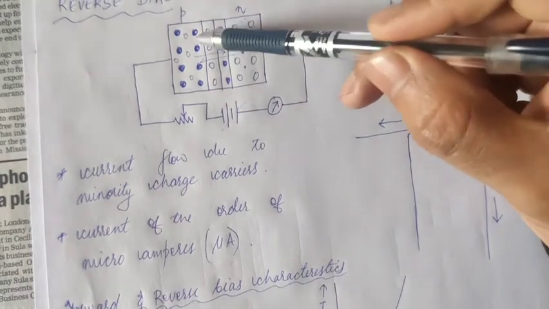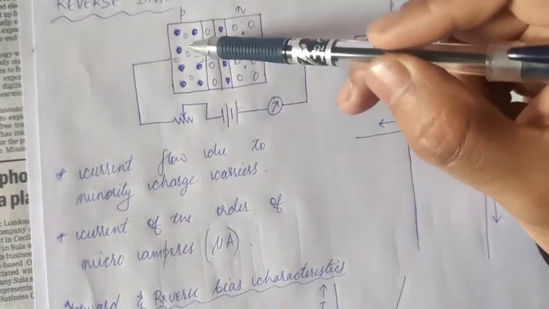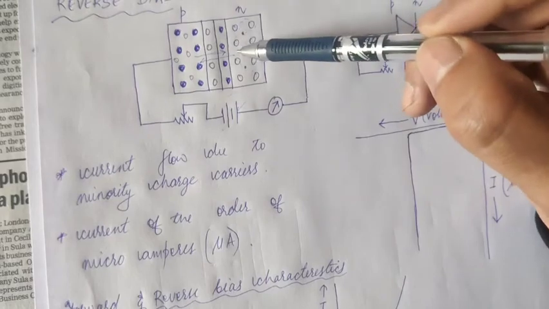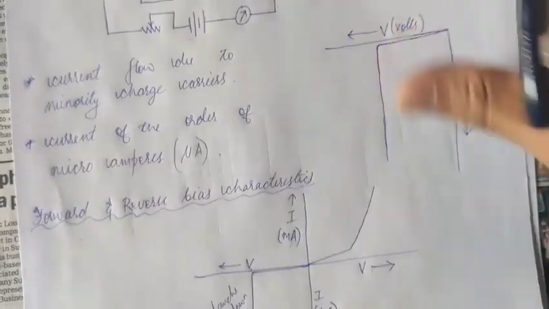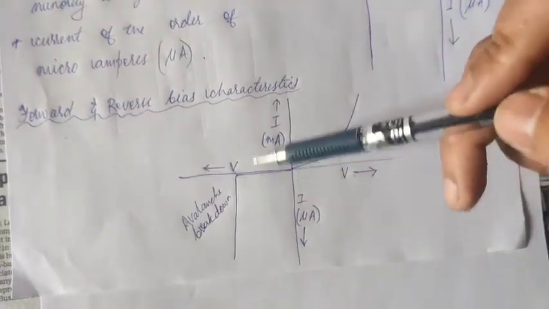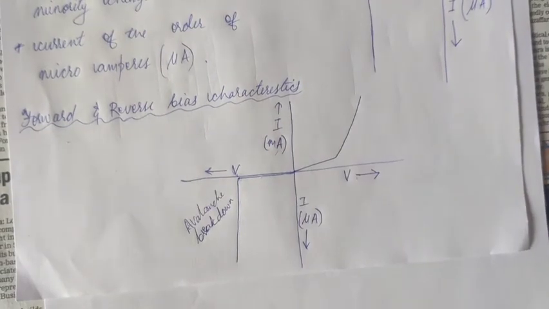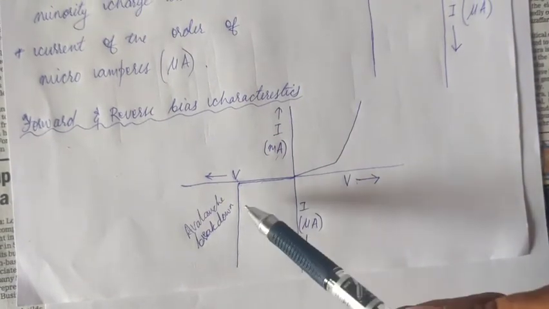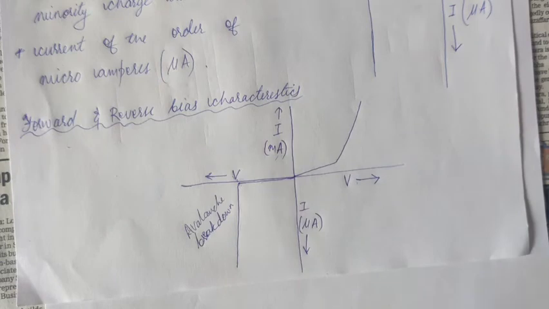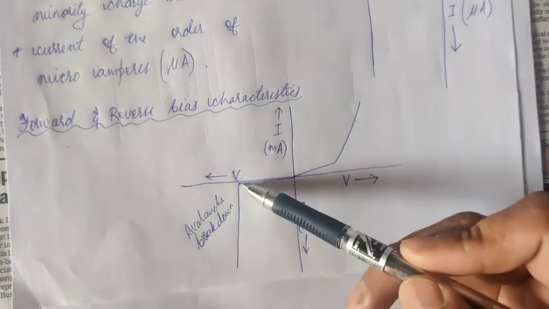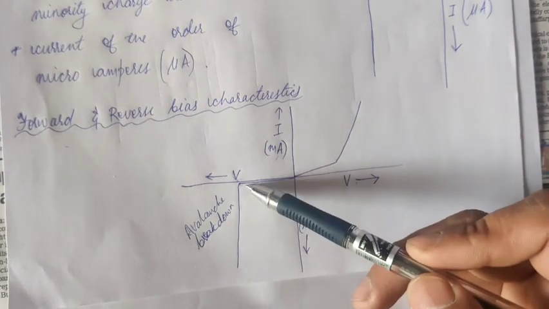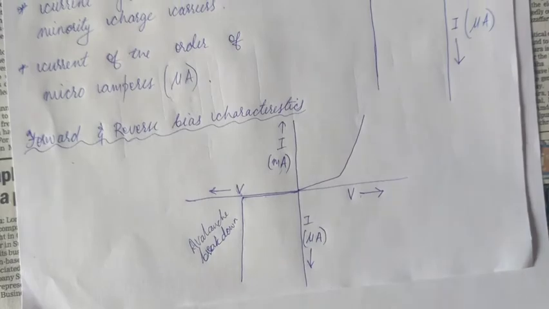And thereby you have a huge number of electrons flowing through the potential barrier or PN junction, and thereby you have the avalanche breakdown. The concept of avalanche breakdown is not there in your syllabus, but still I'm giving you a brief idea about it. This is how a huge amount of current starts flowing in the reverse bias condition.